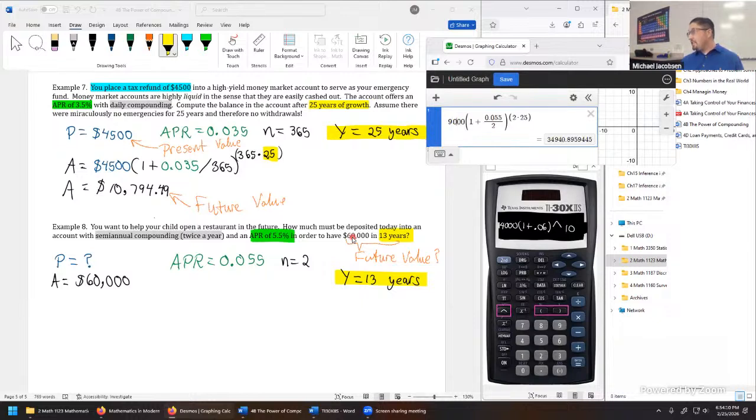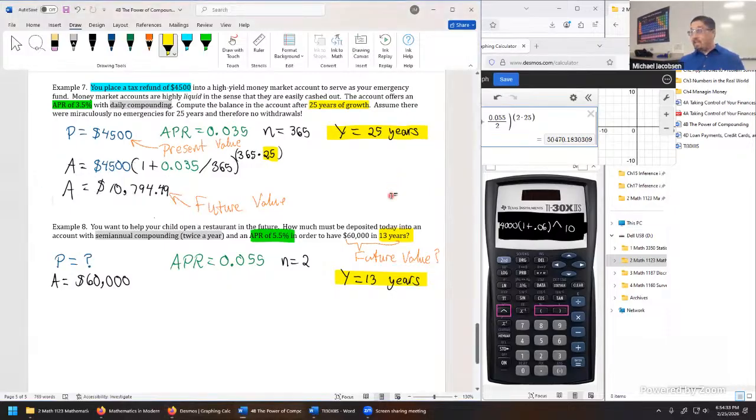So 9,000 didn't get us there, so maybe 13,000. And this approach absolutely will work, but it's tedious, and we've got to get this down to the exact cent of $60,000. If you have the patience, it will work. And I would say there's no harm thinking of it in those terms. But let's do it a totally different way.